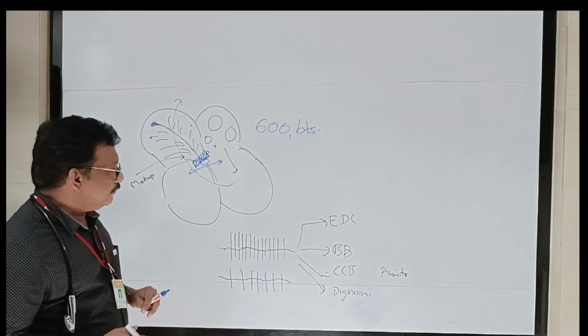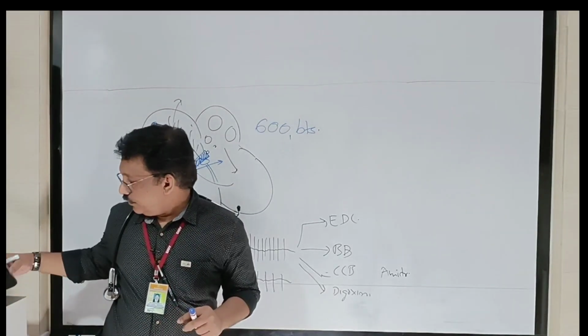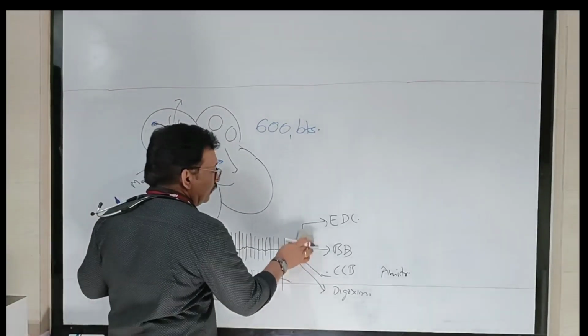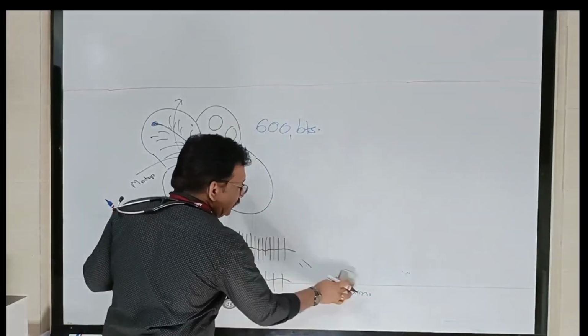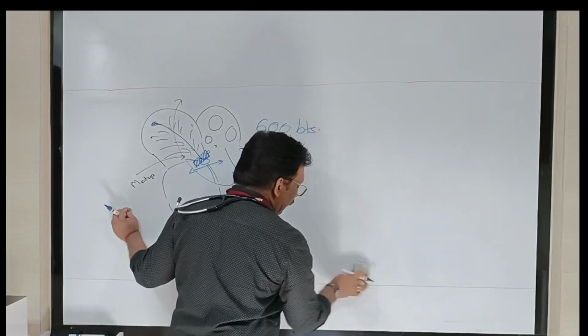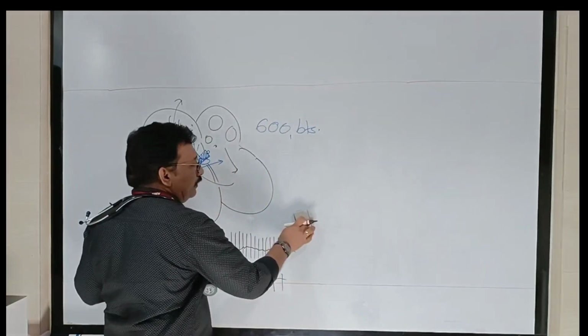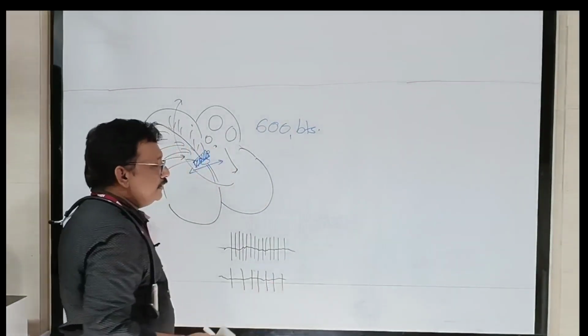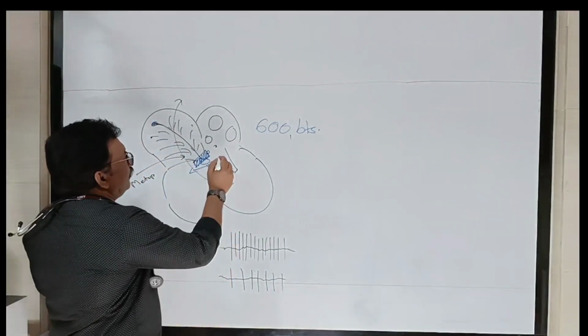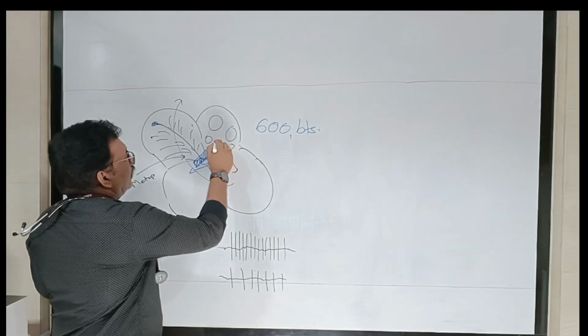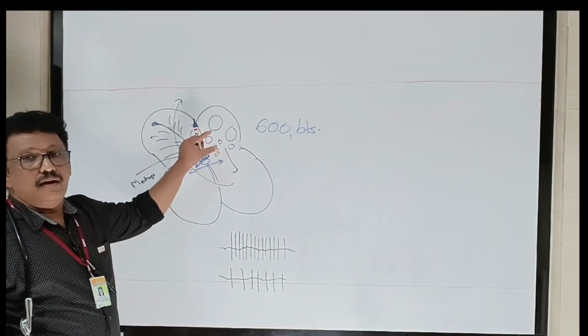That is the treatment we should use for controlling the rate. And if the patient is in shock or has some hemodynamic instability, we have to go for DC shock or DC cardioversion.